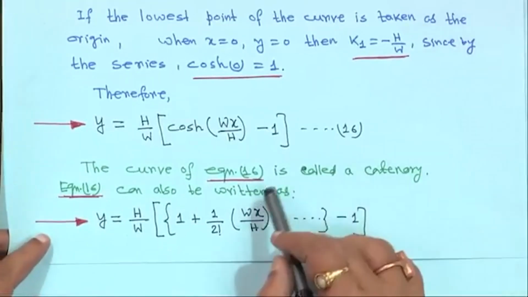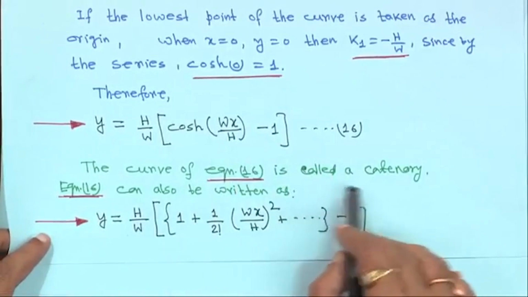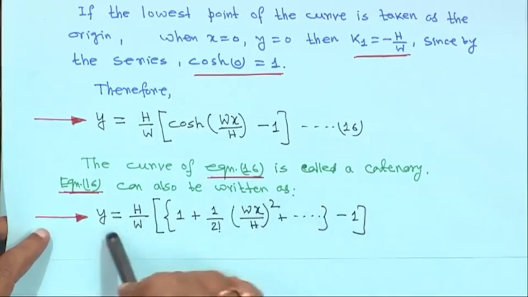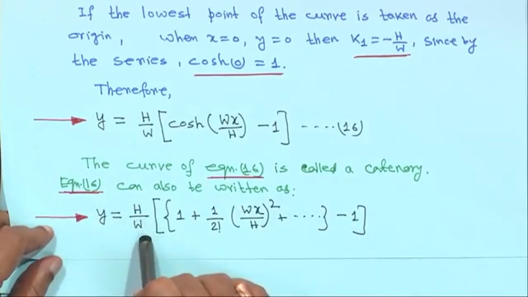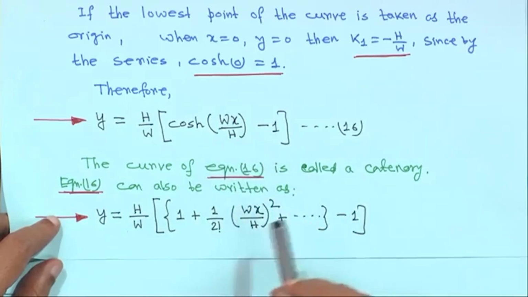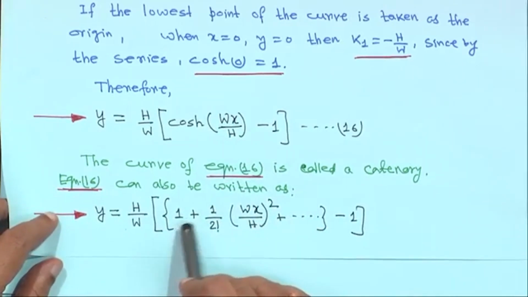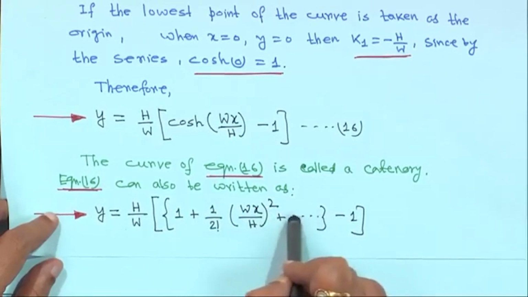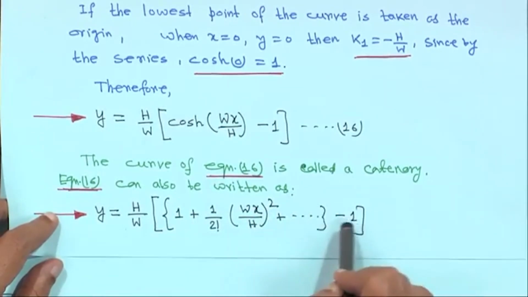Now, the curve of equation 16 is called a catenary, and equation 16 can also be written as y is equal to h by w, expanding cosh in series and considering only the first two terms: 1 plus 1 upon 2 factorial (wx/h) whole square, the higher order terms neglected, minus 1.